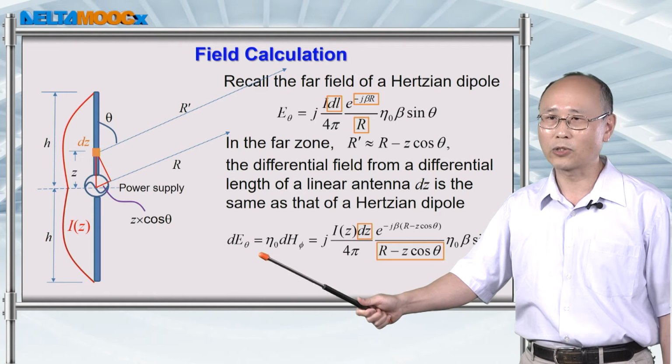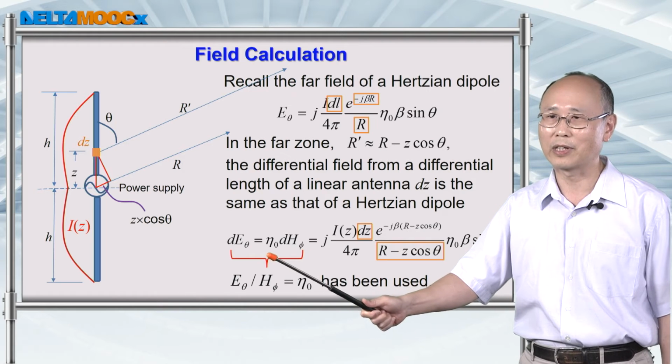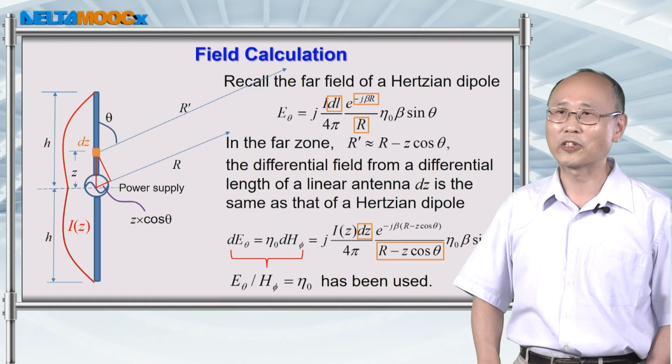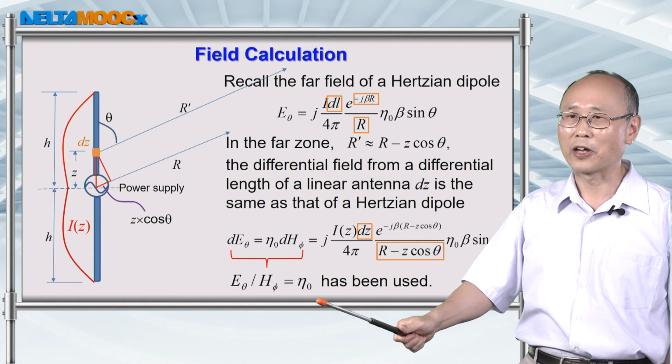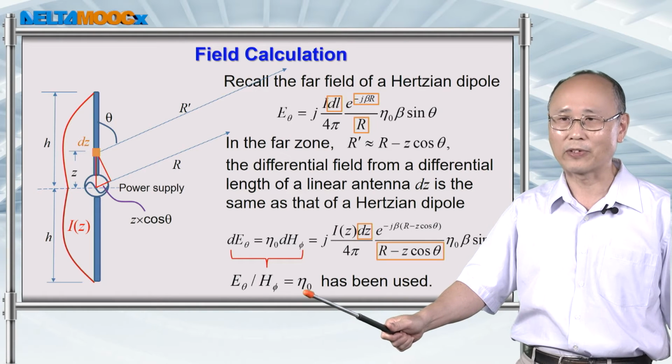And we also write down the relationship between the electric field and magnetic field. The proportional factor is the intrinsic impedance, because in the far field, the wave is going to look like a spherical wave or a plane wave if R is really big.